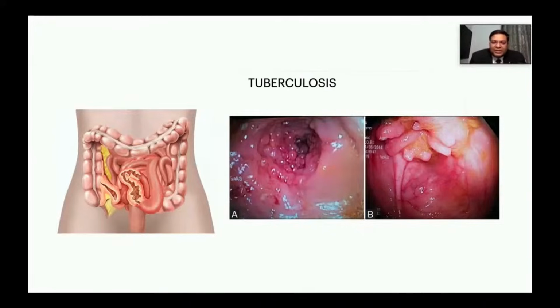It can be in neglected cases who have not undergone any treatment. There can be blockage of the intestine, or sometimes after therapy, there is healing by fibrosis. If the healing happens normally, there won't be any compromise in the lumen. But if the bowel becomes rigid, then there can be obstruction.